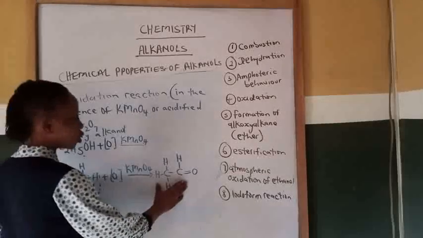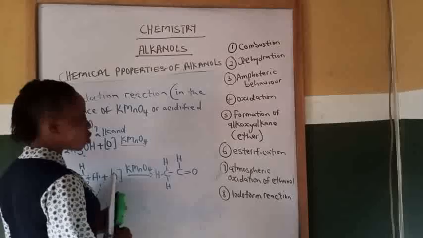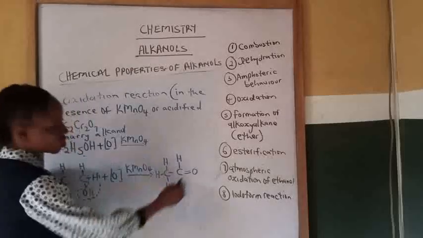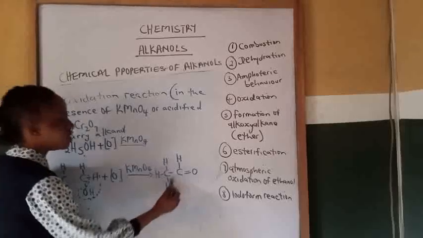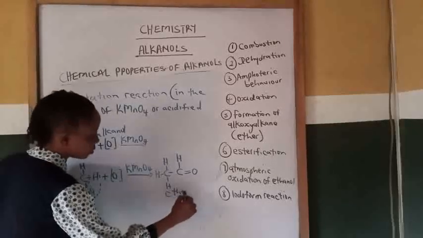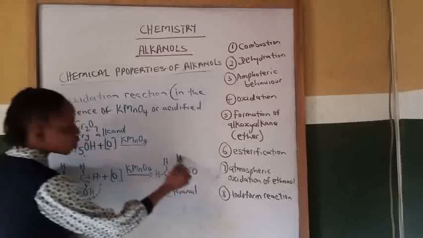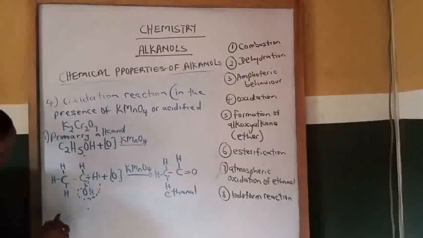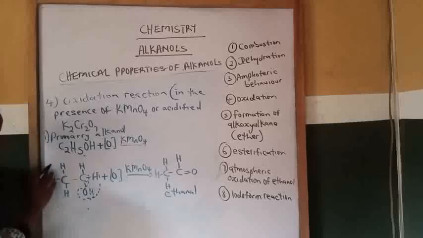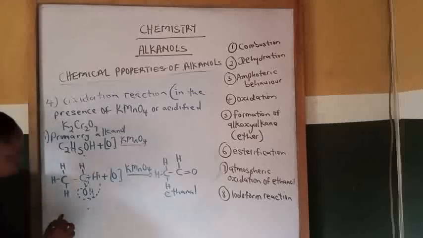This is our first product. The first product will give us what? Ethanal. Because CH3CHO is the molecular formula for ethanal. So your product formed here, you add oxygen again to the product formed. This is the first stage, stage 1, then stage 2.